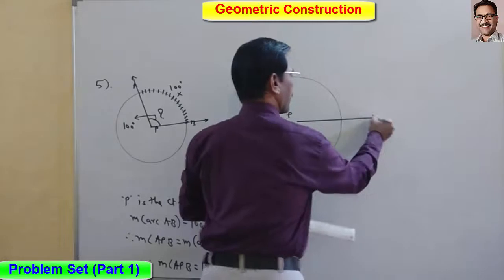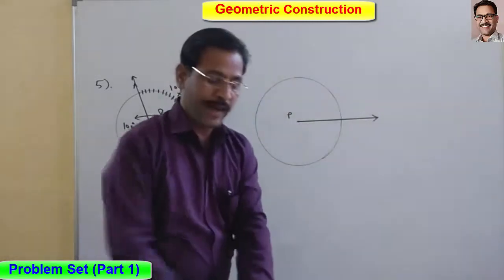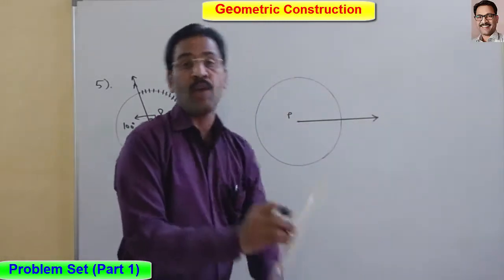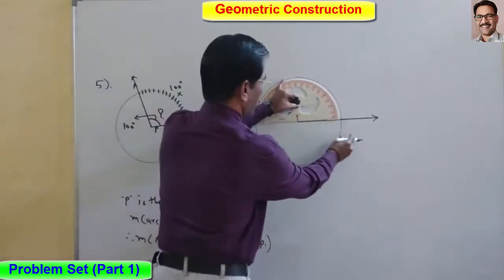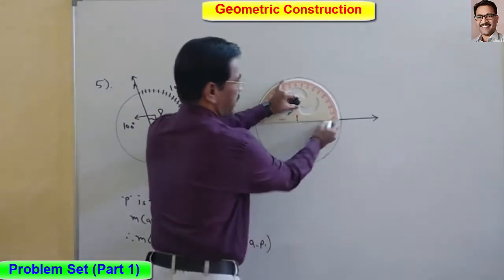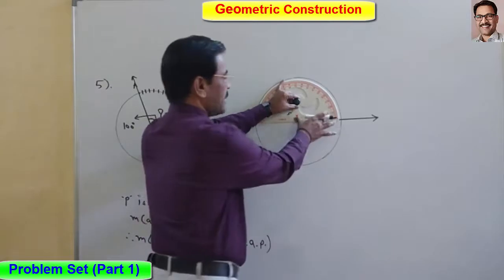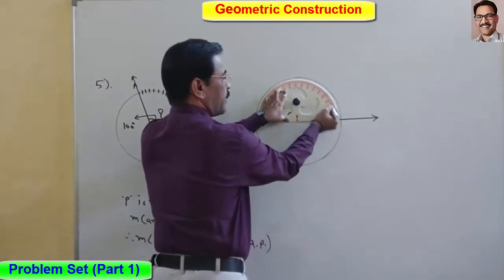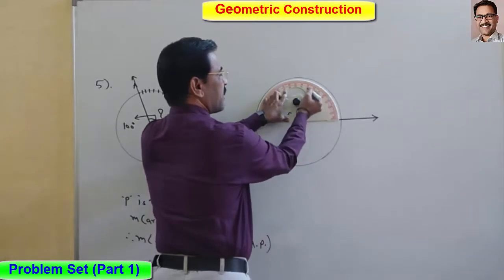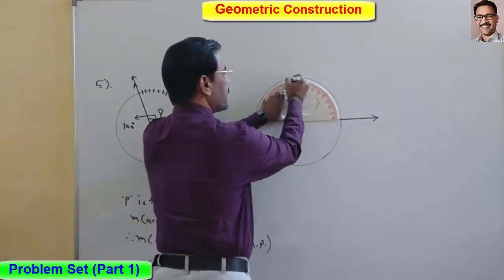Now, by protractor, I'll take one angle of 100 degrees. Just see here. Here I'll put that protractor. Okay friends, this baseline should coincide with that base side here. Now 100 means from this way 0, 10, 20, 30, 40, 50, 60, 70, 80, 90, and here it is 100.